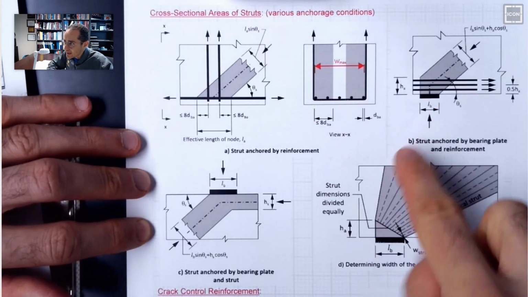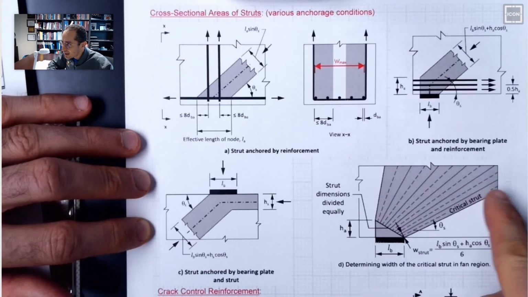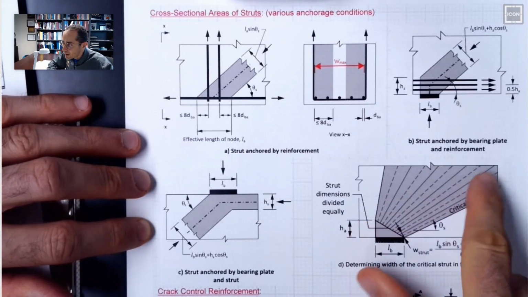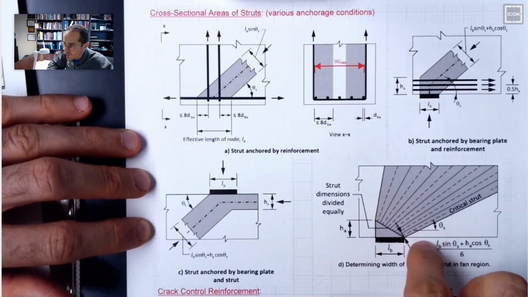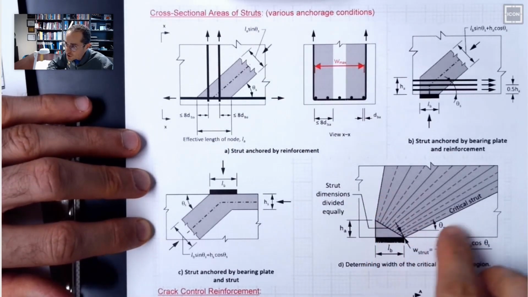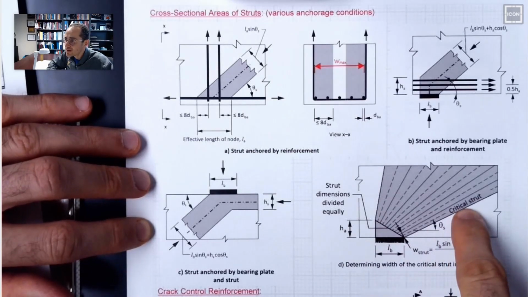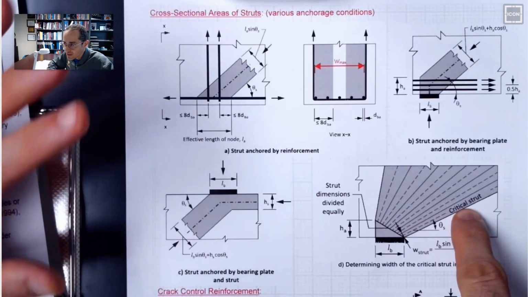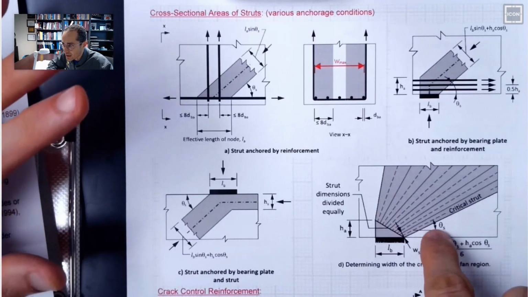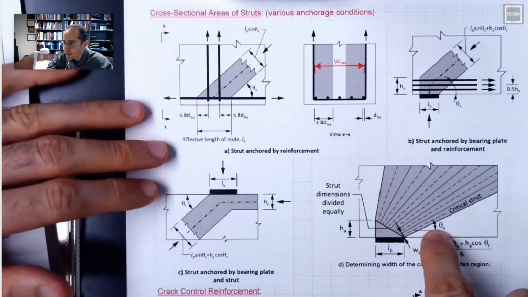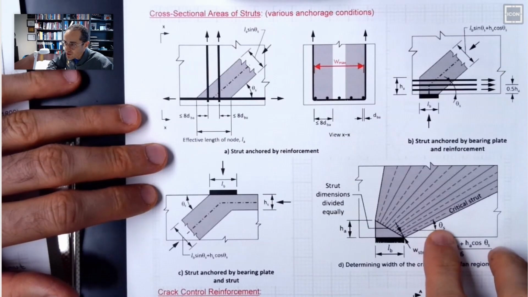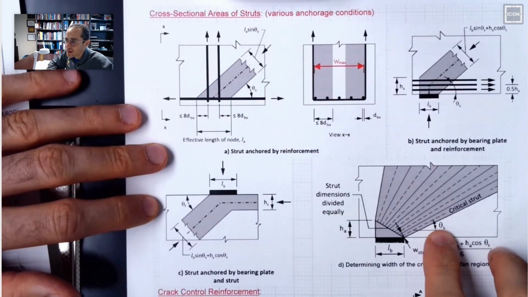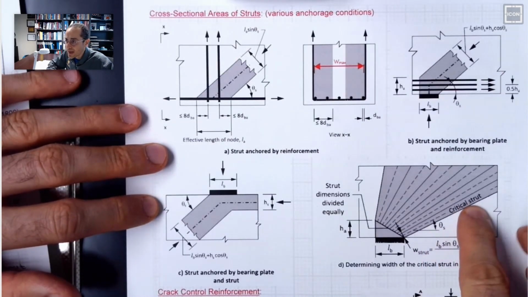So let's say you have a beam, you have some UDL, and the UDL is coming to the support, right? This is your fan region, and in this situation we are only going to be checking the critical strut. Always the critical one is with the smallest angle. Shallowest angle would be the critical one. It's going to be critical not only because of the angle, but also force will be the maximum.